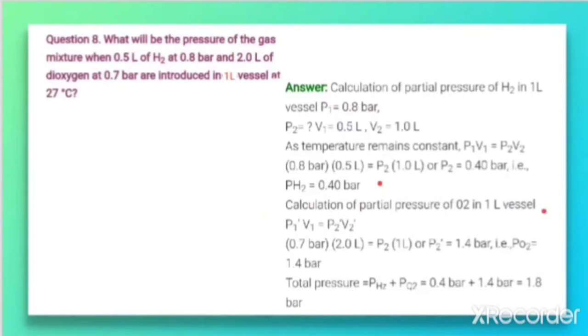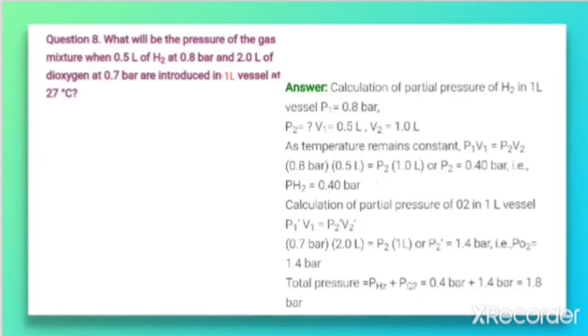Similarly, we will find the partial pressure of oxygen in 1 liter by using the same formula, P1 V1 is equal to P2 V2. Here P1 and V1 are known to us. P1 is 0.7 bar, V1 is 2 liter. So what will be the P2 that we are finding? P2, and the volume is here 1 liter.